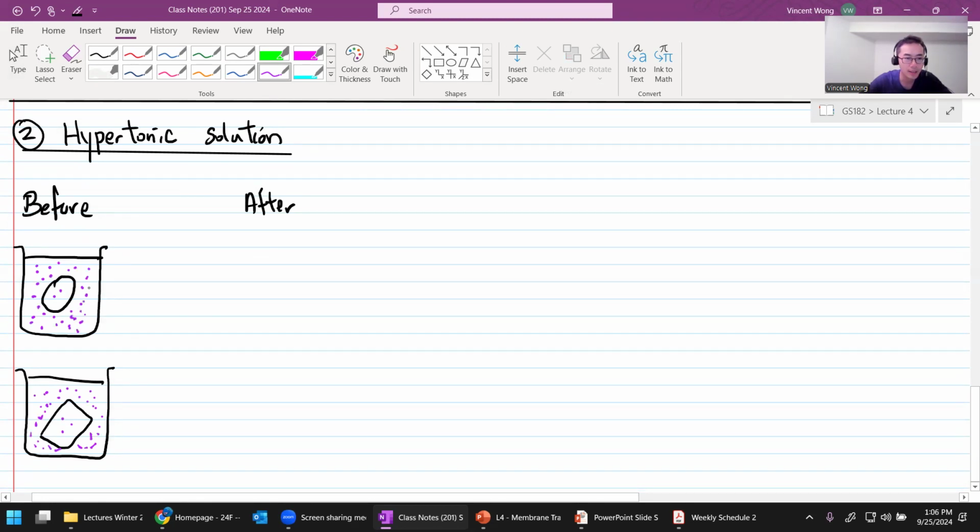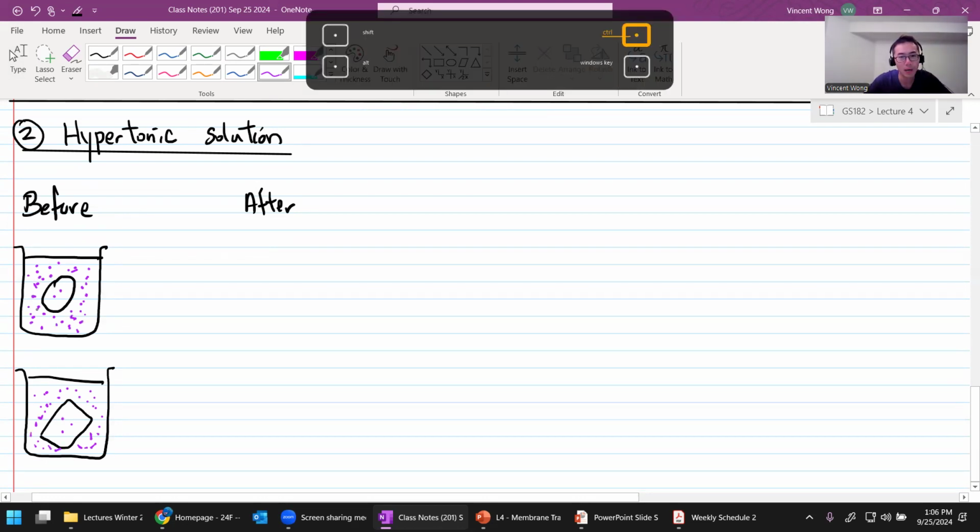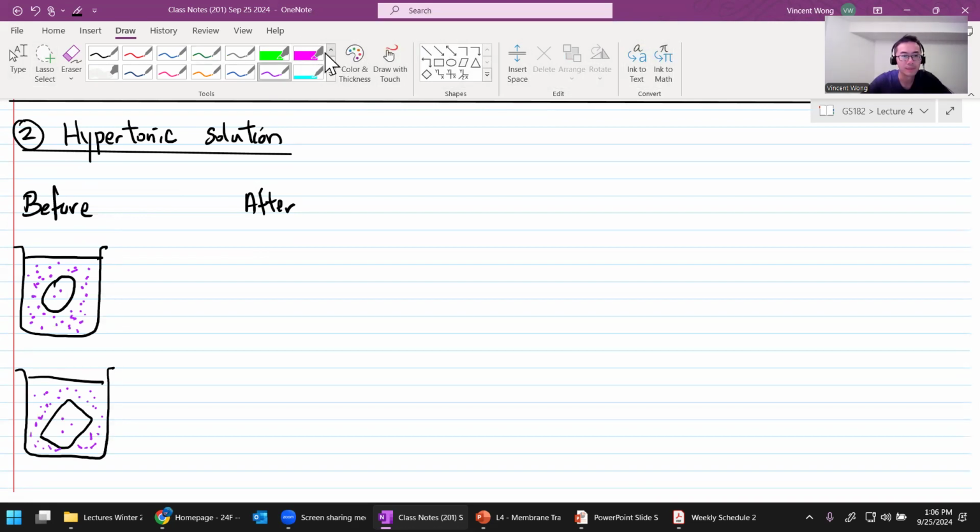So help me out here, guys. Which way do you think the water will move? Into or out of the cell?